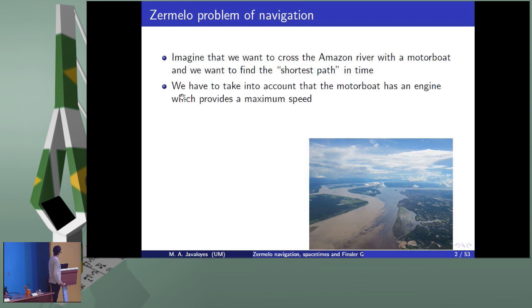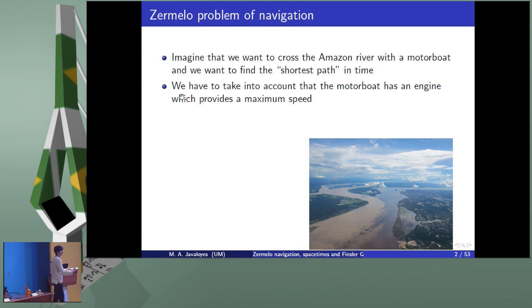You are going to cross the river with a motorboat that has an engine, and the power of the engine allows you to cross at a maximum speed. But then you have the help of the current or the stream of the river. So you have to add the power of the engine to the current of the river.